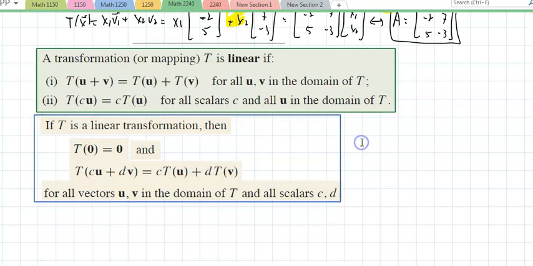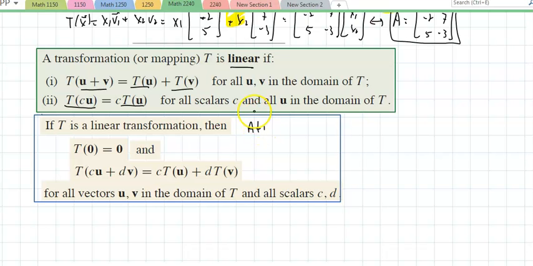So for the transformation, you have two options. A transformation is linear if you apply the transformation on the sum of two vectors and it turns out to be the sum of each, kind of like the algebra of functions. And if you multiply by a constant scalar, you just take the scalar up front. This is an alternative.